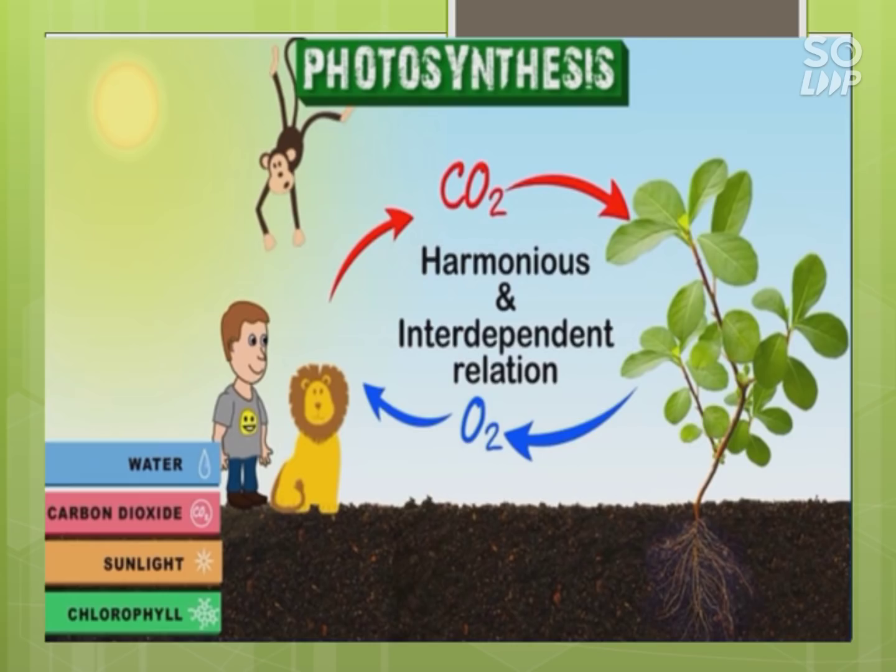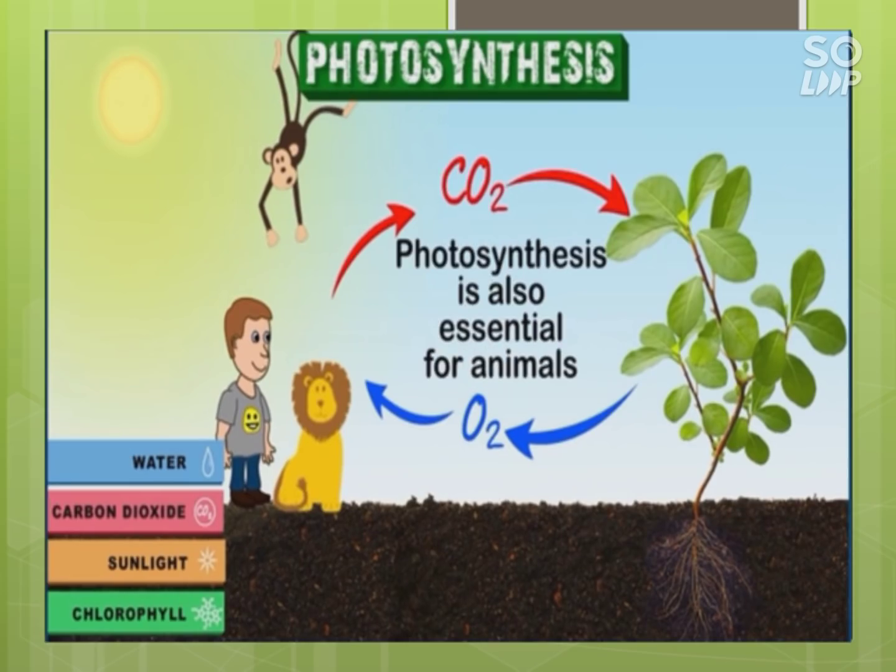Isn't this another example of a very harmonious and interdependent relationship between plants and animals? As we see, photosynthesis is not only important for plants to live, but it is also essential for the animal kingdom.